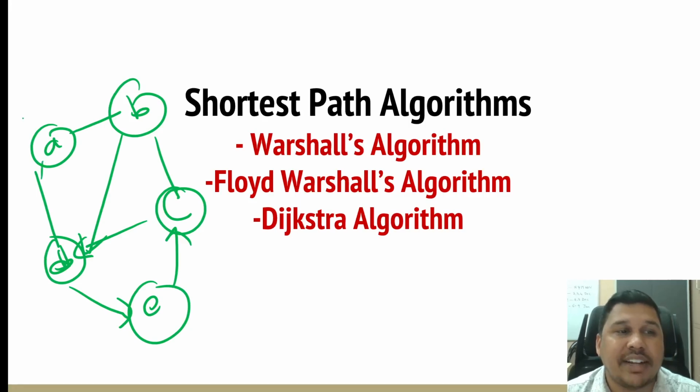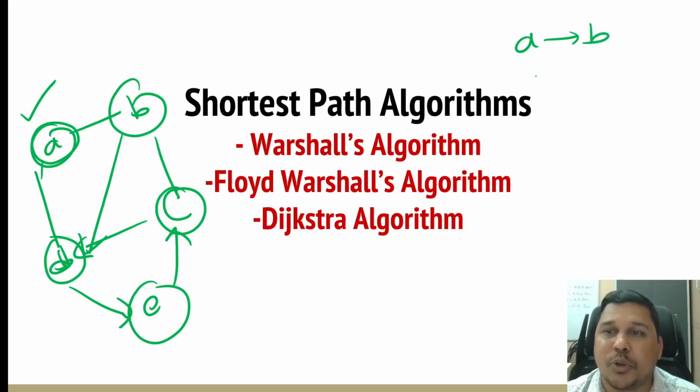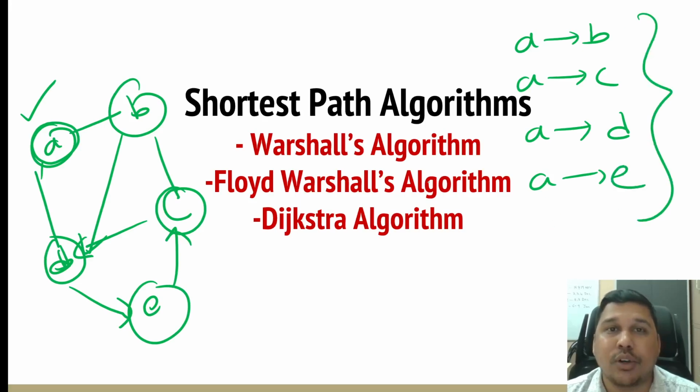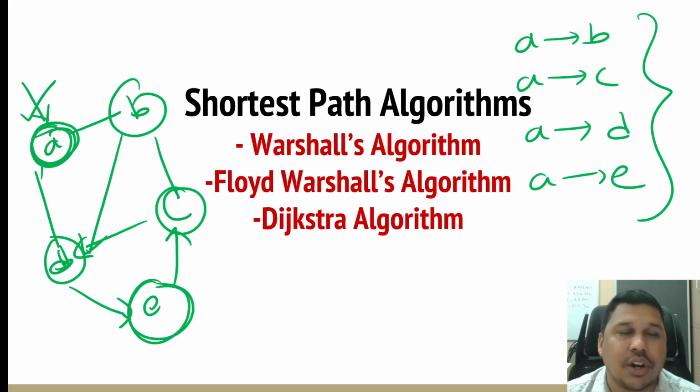Now, if I choose a vertex A as the source, I want to find the shortest path from A to B, from A to C, from A to D, from A to E. That is what I have to find out, the shortest path from a single source A. This we can give as the input, it is our choice. You can select E or C or D, anything. From a node A, you want to find the shortest path to all the other vertices. For that we use Dijkstra.